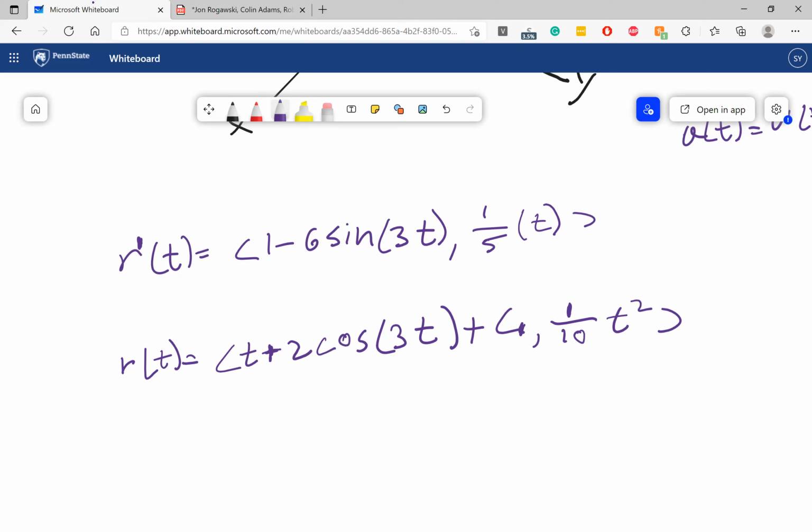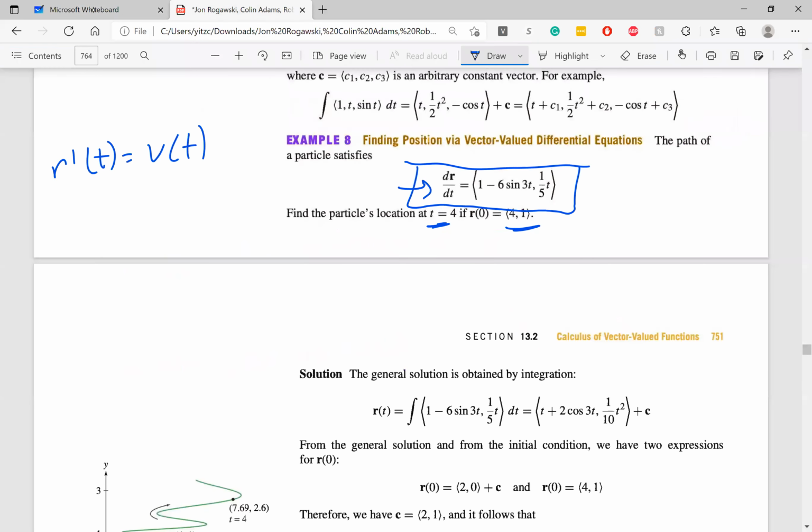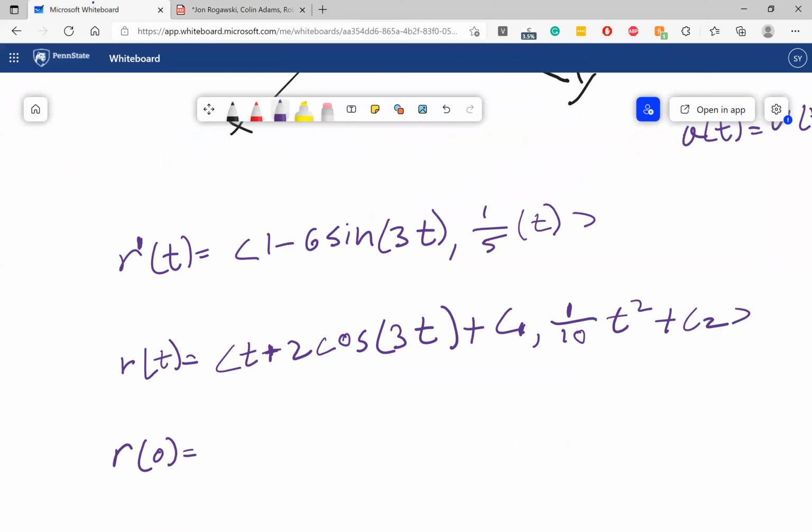Okay, and then plus some constant, so plus C2. And then they tell us R at 0 is equal to 4, 1.